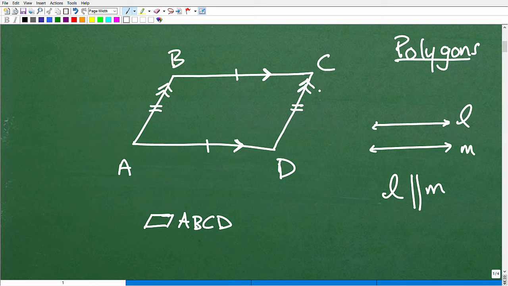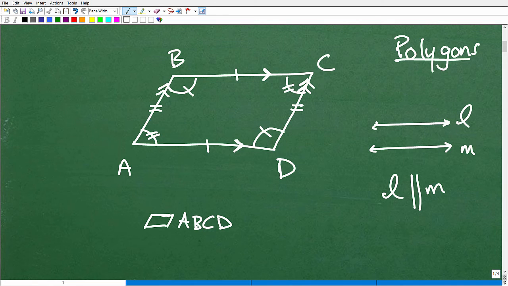By the way, another interesting thing about parallelograms is that their opposite angles are congruent. How would I write that? This angle and this angle are congruent, meaning they're the same. So I can put one little hash mark like that, indicating these two angles are the same. Then these angles right here are the same too. Since I used one hash already, I'm going to have to use two hashes like so.